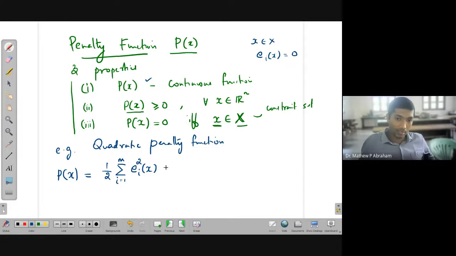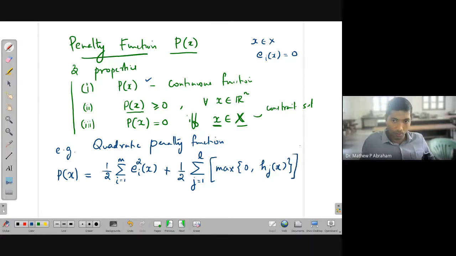Now, in order to consider the inequality constraints, we'll consider the second term. The second term goes something like this: half summation j equal to 1 to L, the number of inequality constraints, of the maximum of 0 comma h_j of x, the whole squared. I'll explain this in a minute. This second term will take care of the inequality constraints, and it also satisfies these three properties. You can verify that this is a continuous function.